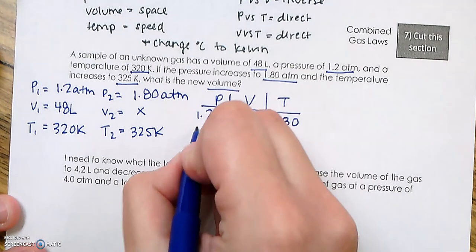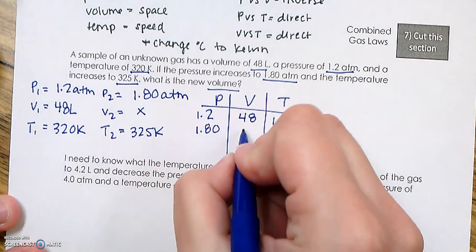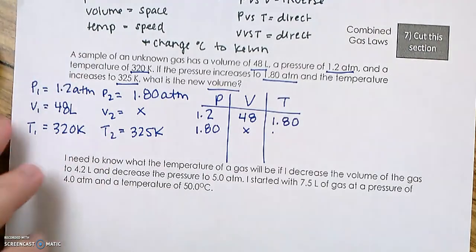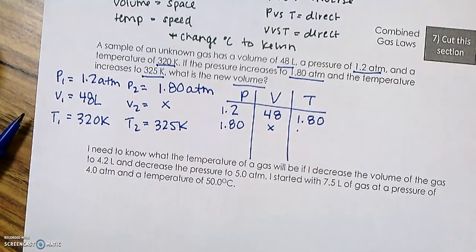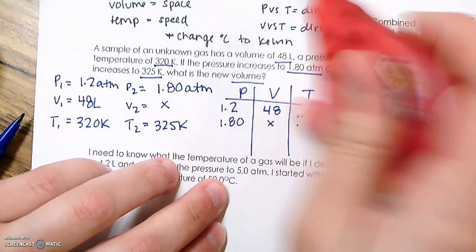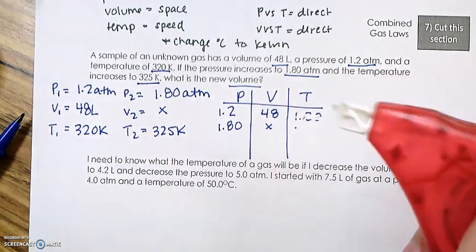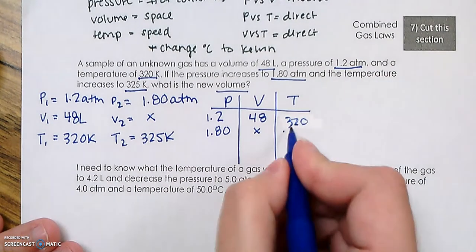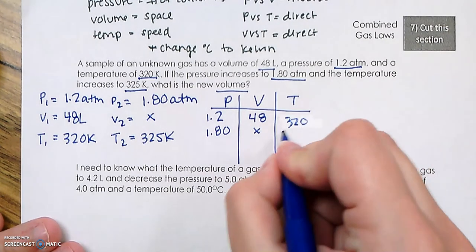Then we'll put in group 2. Oops. Wrote 1.80 twice. Sorry about that. I wrote 1.80 twice for some reason. So 320, then 325.